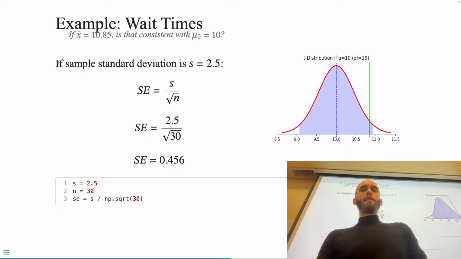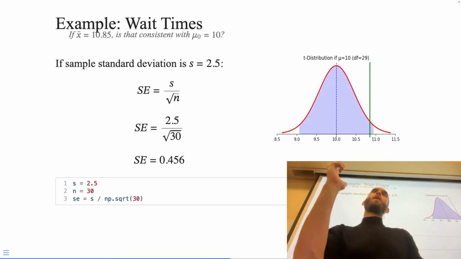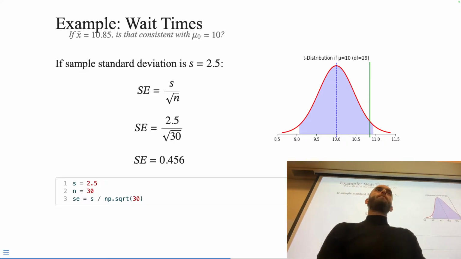So let's say the sample standard deviation S is equal to 2.5. To calculate the sample standard error, before we've been constructing standard errors using sigma, but here we're swapping S for sigma. So our standard error is this value.